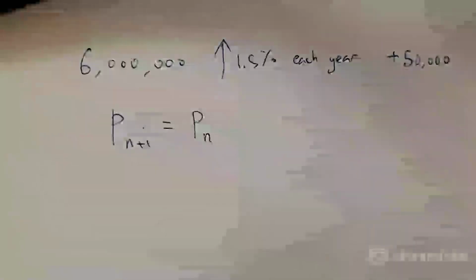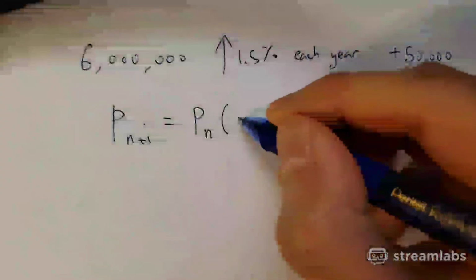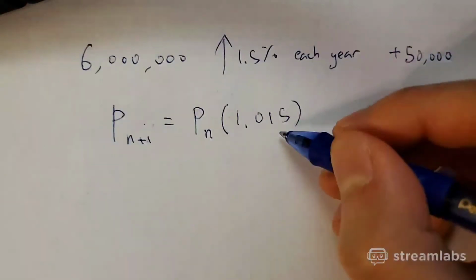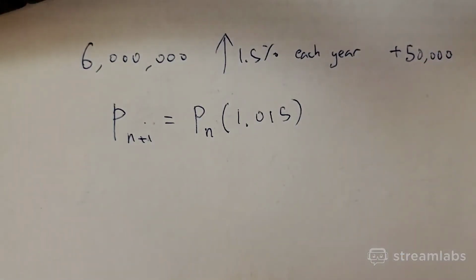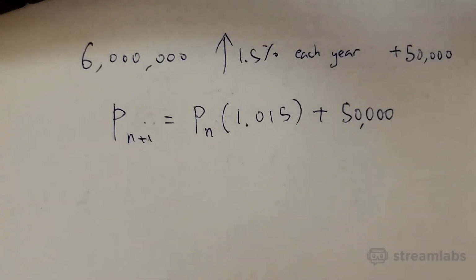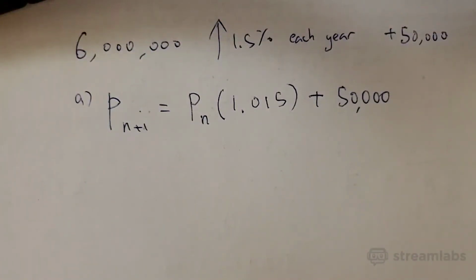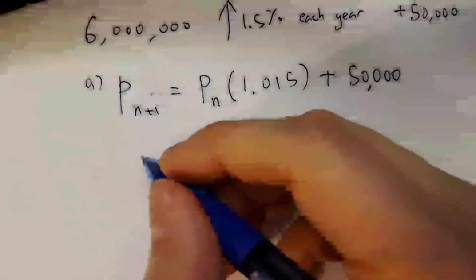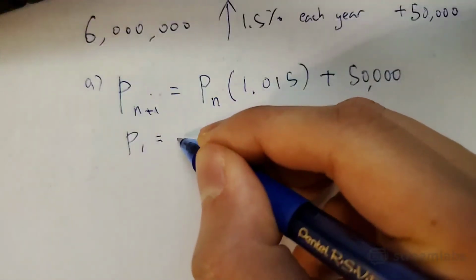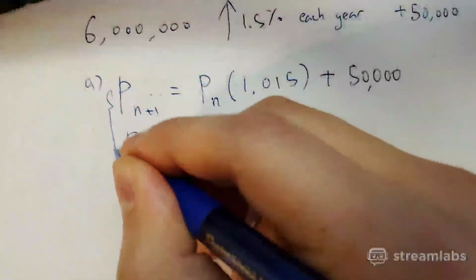It doesn't matter. Pn current is going to be multiplied by 1.5%, but that's 1.015 because it's 101.5%. Plus an extra 50,000 every year, like this. Okay, so that's part A. Does that make sense? And then your P1 is equal to 6 million. Okay, so this is your recursive formula.